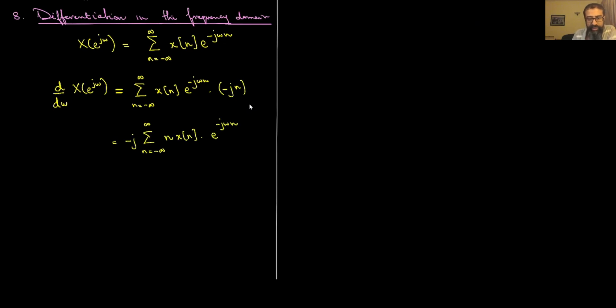And if I multiply both sides with minus j, actually, let me just multiply both sides with j.